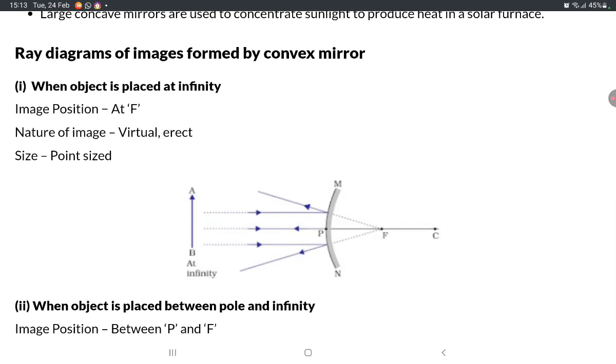Ray diagrams of image formed by convex mirror.